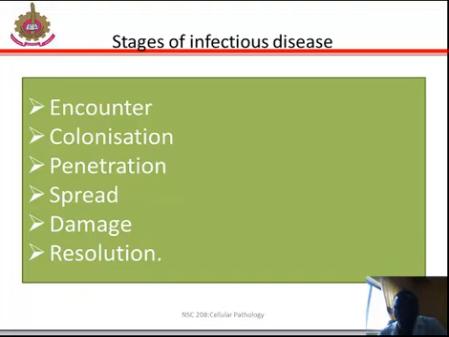Then you talk of colonization. How would the organisms colonize themselves in the body of the host? Initial encounter with a new microbial species may result in nothing more than the fact that this organism will find a means of establishing itself in the tissue of the host.